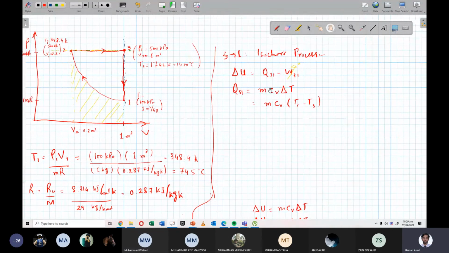Right. So finally, isochoric process. जी, जो third process था, उसमें first let's look at the numbers.